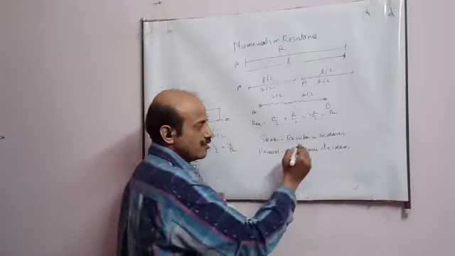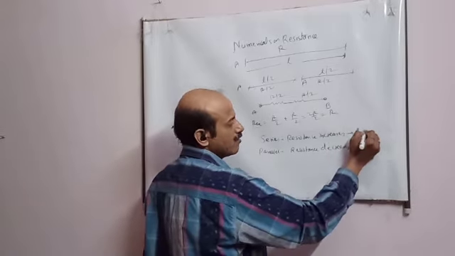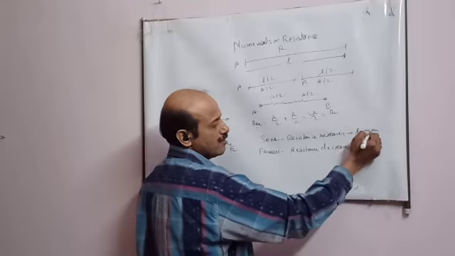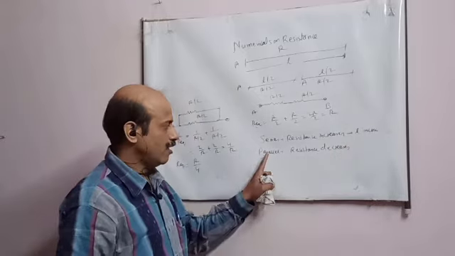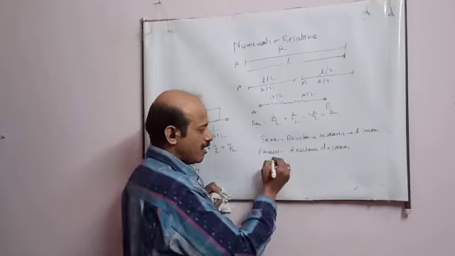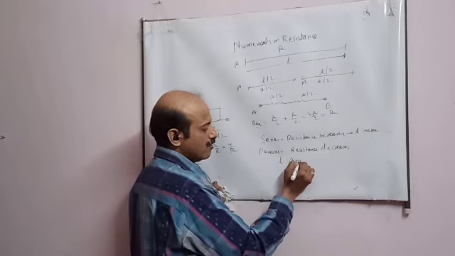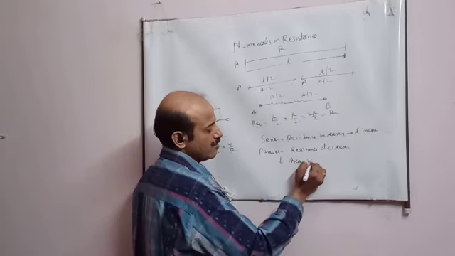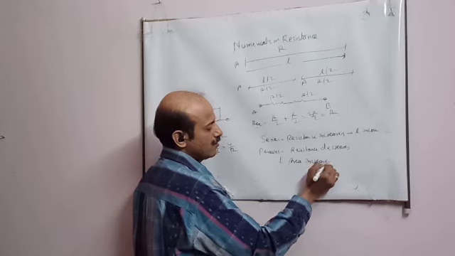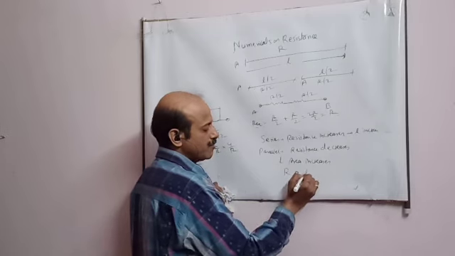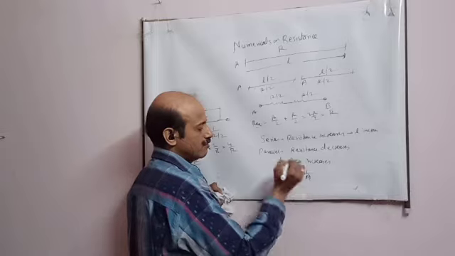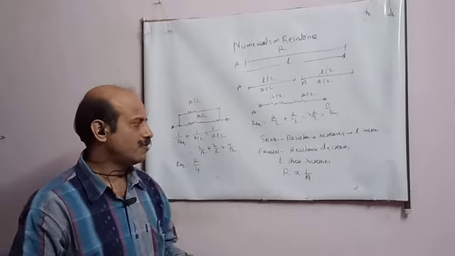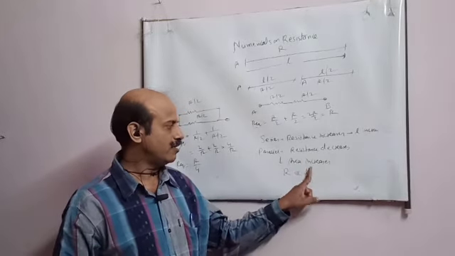Why? Because in series length increases, student, and resistance is proportional to length. In parallel, resistance decreases because in parallel area increases and resistance is inversely proportional to area. This is the reason why in parallel resistance decreases, because area increases in the parallel case.